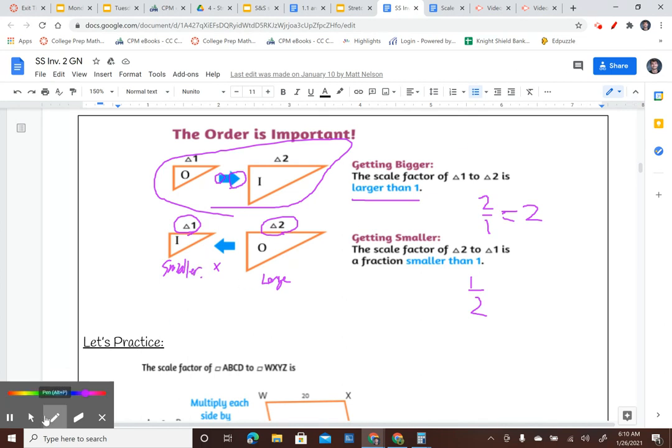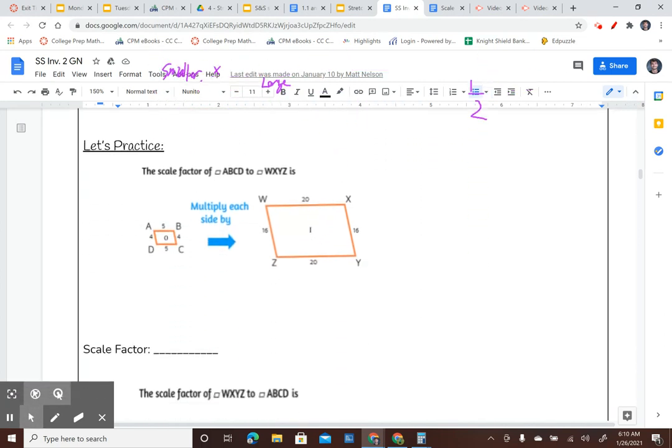All right, so let's go ahead and practice a little bit. So here we're starting here. So this is going to be our original. And then we're ending over here. So this is going to be our image. So we have to multiply each side by what? Well, let's go ahead and find out.